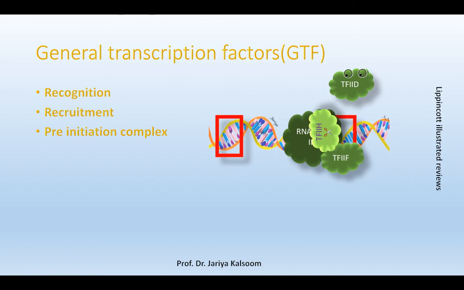Another GTF, TFIIF, escorts the RNA polymerase II to the promoter, and yet another GTF, TFIIH, with helicase activity, melts the DNA to be transcribed, and its kinase activity phosphorylates polymerase II, allowing it to clear off the promoter.